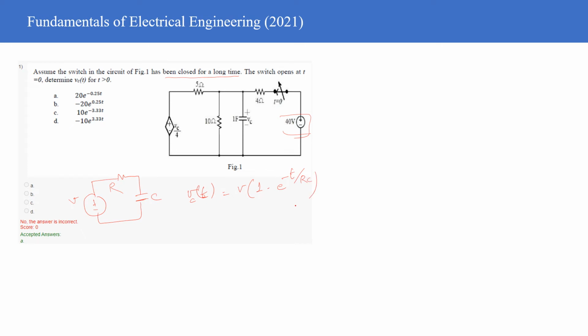This is a very useful expression of the voltage across a capacitor when connected to a voltage source via some resistance. And I'll urge all of you to remember it. It would be very useful if you are going to remember it, right?